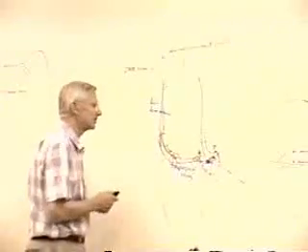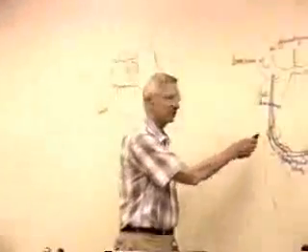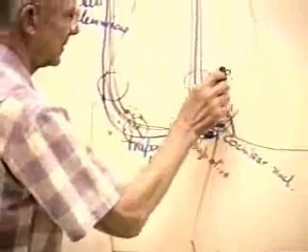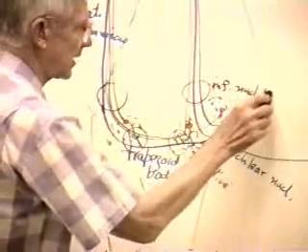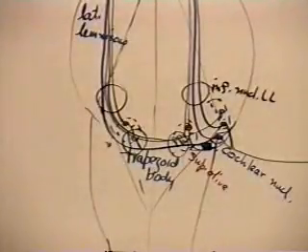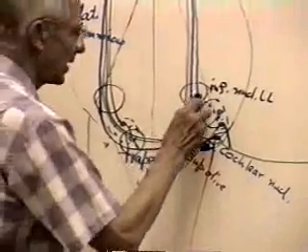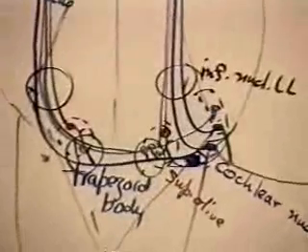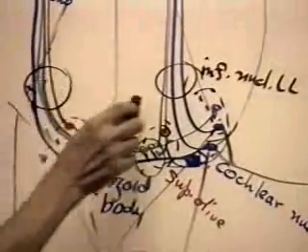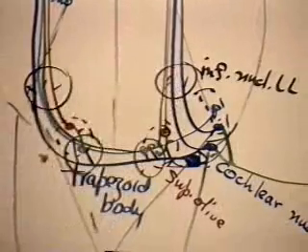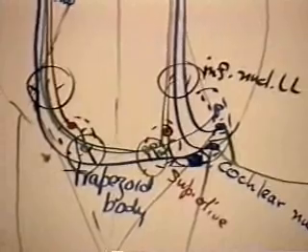And then we have the nucleus of the lateral lemniscus, in this case an inferior nucleus of the lateral lemniscus, which receives, as you've probably guessed by now, collaterals from the more caudal tracts and projects up to the inferior colliculus.